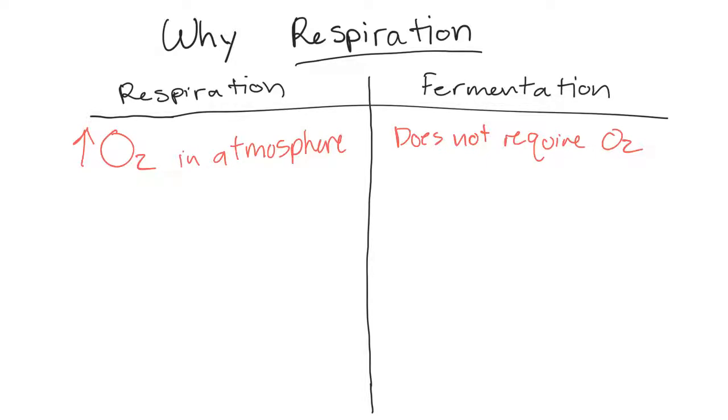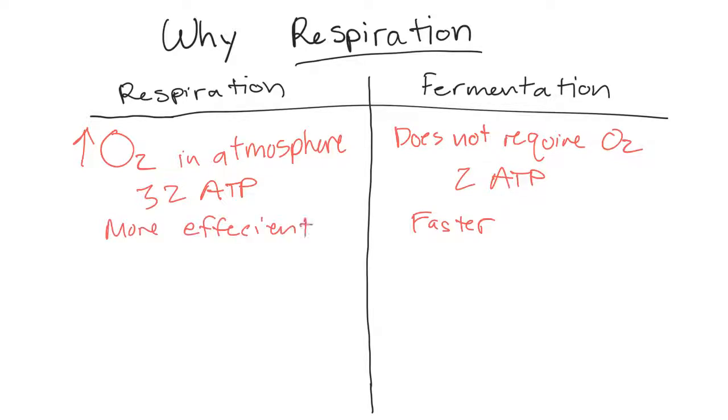Both of them start with glucose at the beginning, but in fermentation, you only get 2 ATP net. In respiration, you get 32. So respiration is more efficient, but it's also a little bit slower. So fermentation is faster.